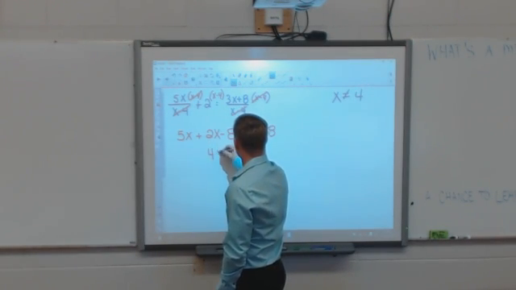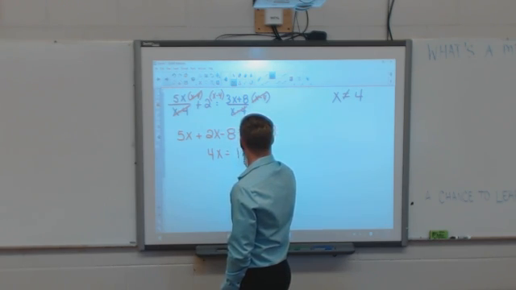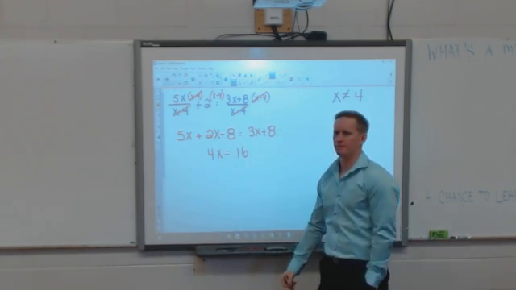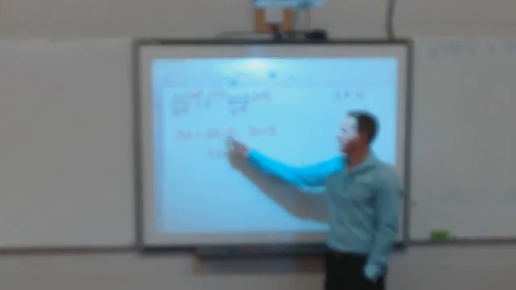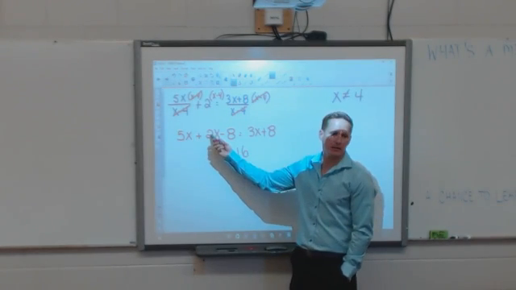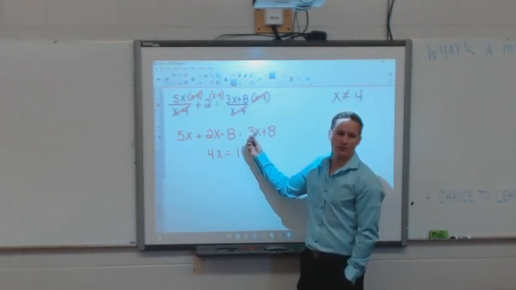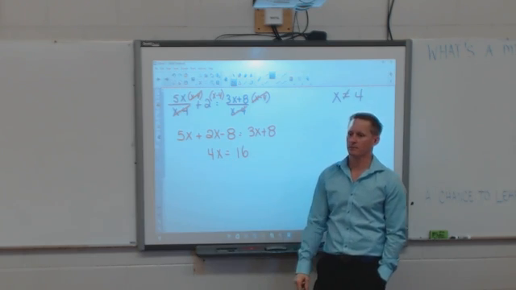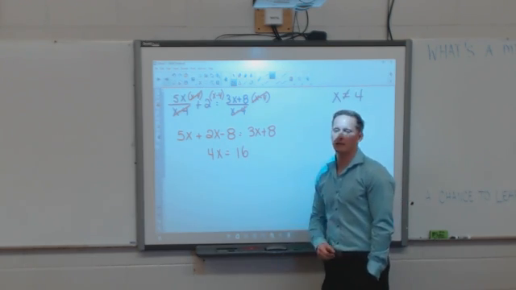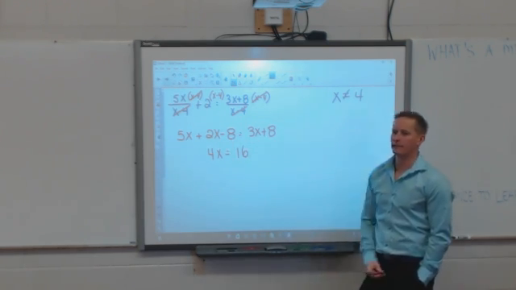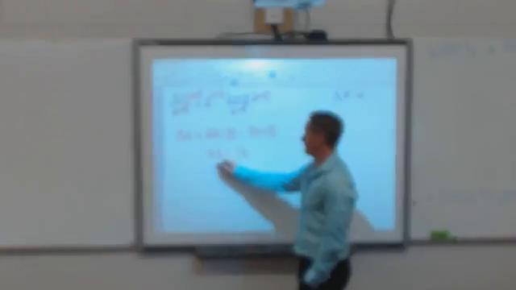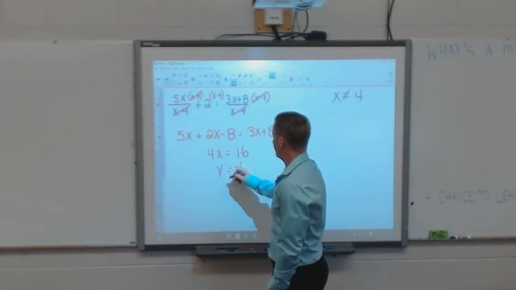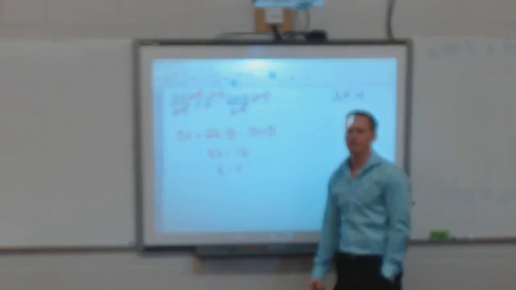So it's 4x is equal to 16. 3x, so this is 7x here, right? 7 subtract 3 is 4x. 4x equals 16. I moved the 8 over and added it. What does x equal? 4. Are we done? Yes. Yeah?